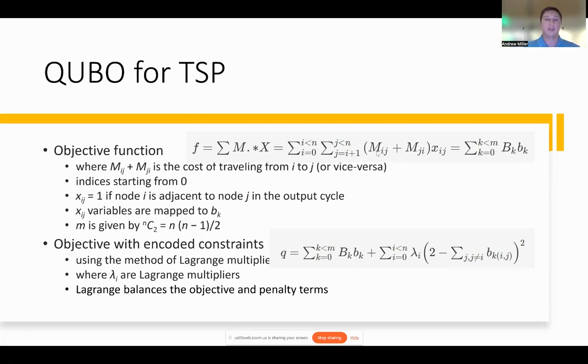And it's not necessarily the same if there's no direct path. And then Xij is a binary variable that tells you it's 1 if the nodes are adjacent and 0 otherwise. And you can rewrite it as just this sum of binary variables.